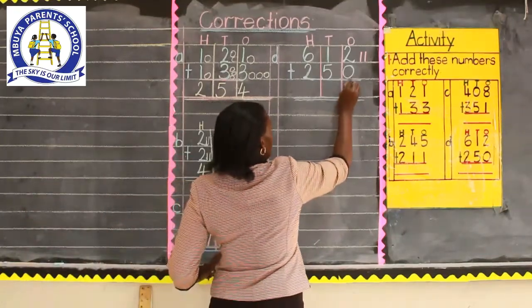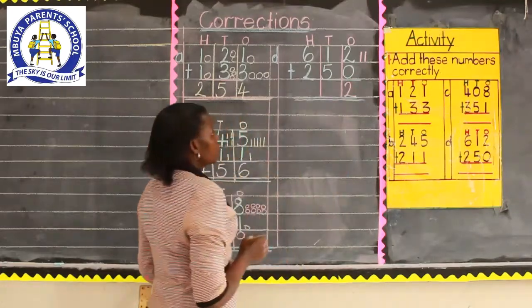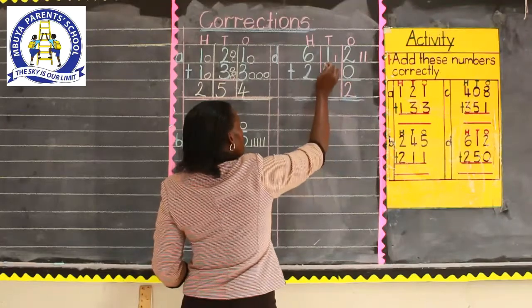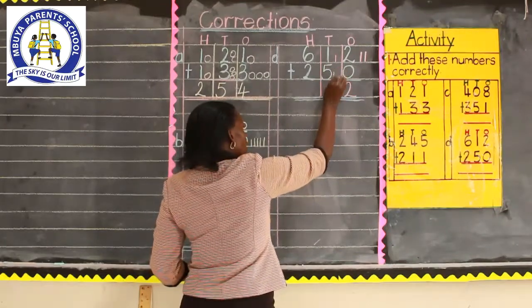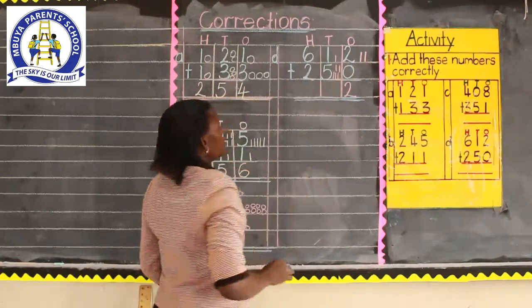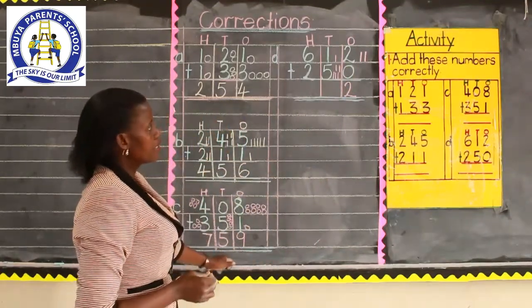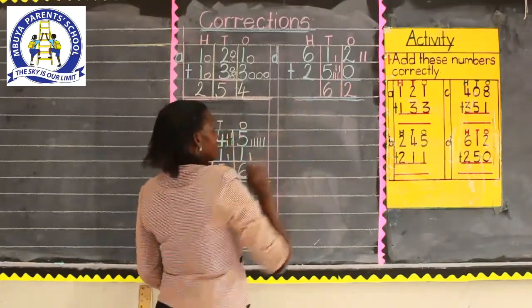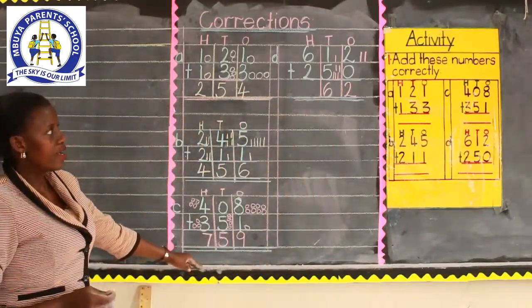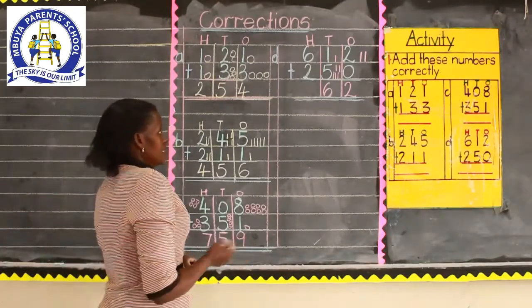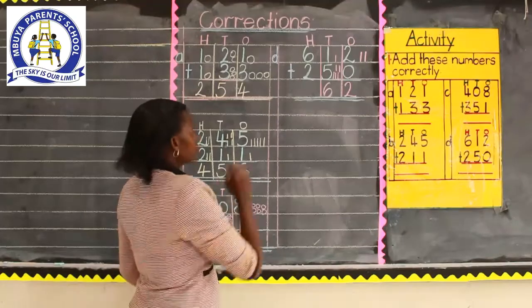So here we write number 2. We go to tens. 1 plus 5. When you count the sticks together, children, you realize that we get number 6 as our answer for 1 plus 5 under tens. Let's go to hundreds.